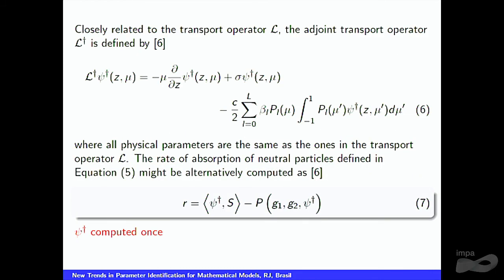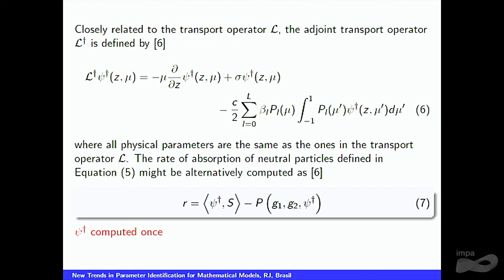So I can use the adjoint operator, which in this case is defined in a very similar way. It doesn't change very much from the forward problem. And I can also write the rate of absorption in terms of the adjoint operator. In this case, if I want to calculate the rate of absorption and I change the source, I just have to compute the adjoint flux once.